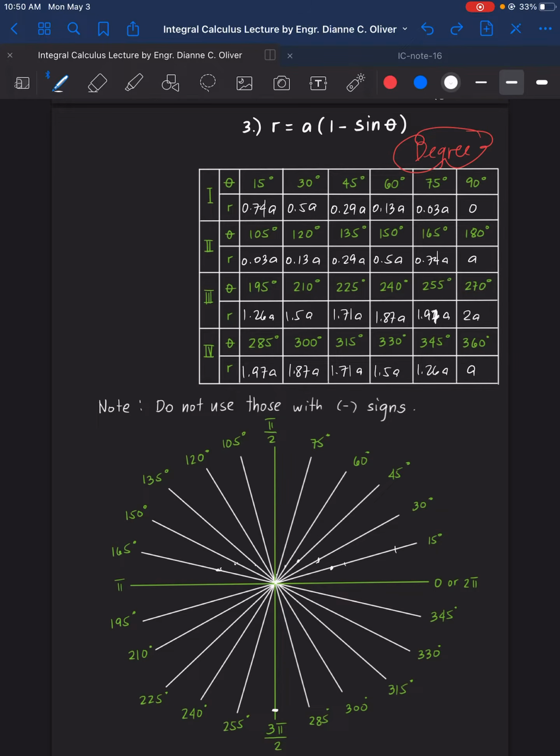And then we have the 180 as A. At 360 we also have A. So at 195, 1.26, it's bigger. 1.5, 1.71, 1.87. Okay, so you now get the idea of how it looks like.